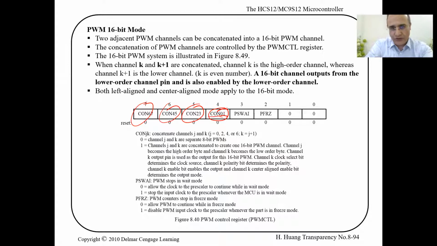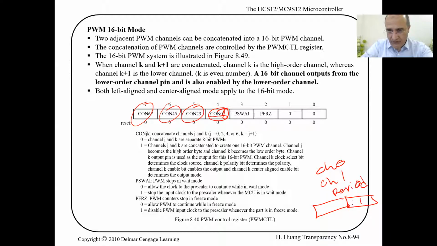So the lower order is the 1. So if I concatenate channel 0 with channel 1, okay, for the period register, the new period, the lower part is from channel 1, period 1, and the higher part, 8-bit, is from channel 0. Okay, 0, 1. Same for the duty. The lower 8-bit is from channel 1, the higher 8-bit is from channel 0.